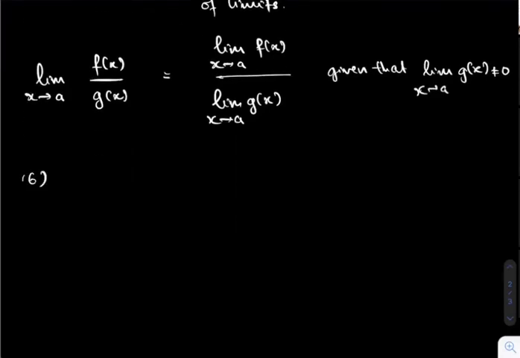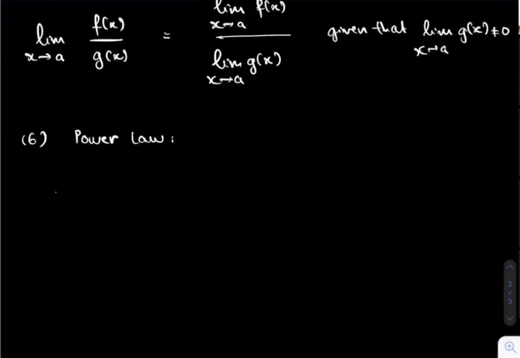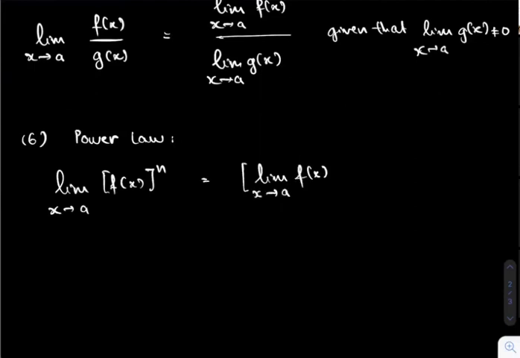Number 6, you have the power law. If you have the limit of f of x to the power n as x approaches a, this is the same as first finding the limit and then taking the power.